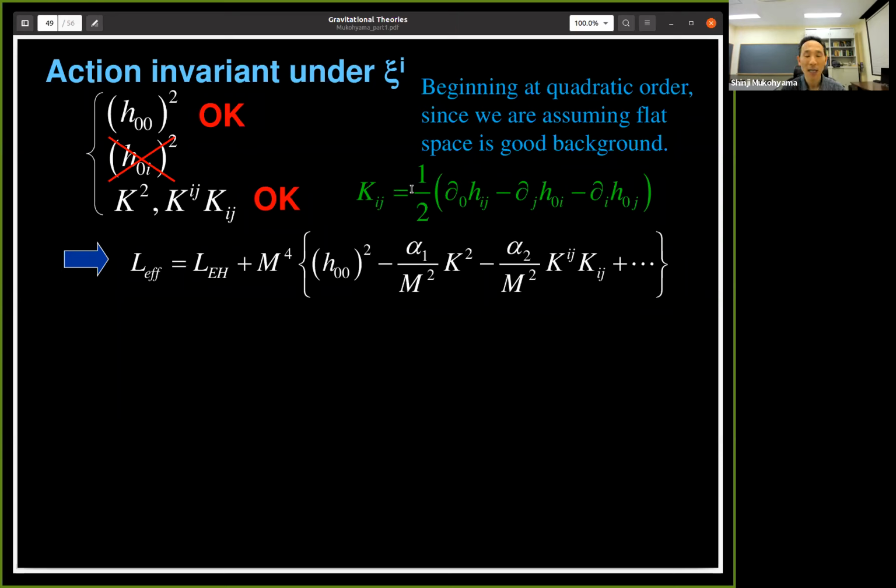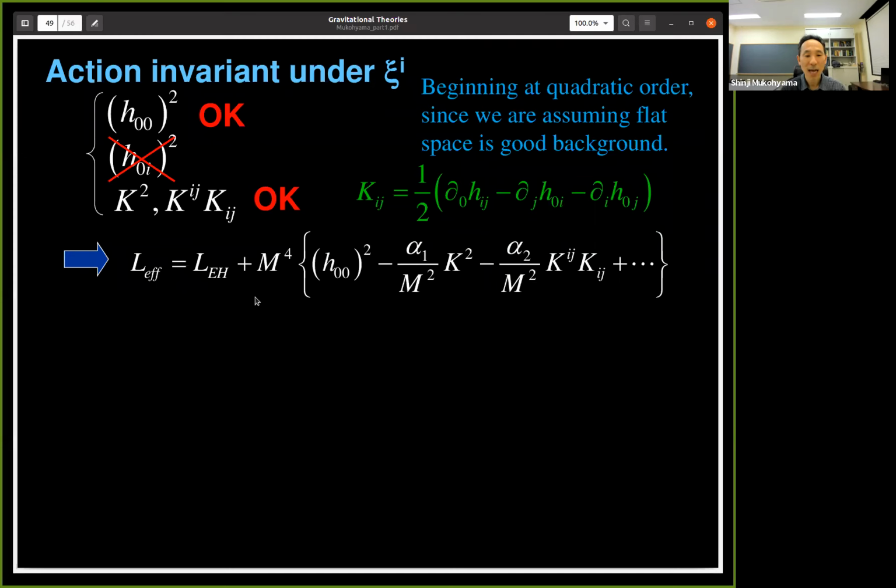In general, this is a spatial tensor, and because the background value of this is 0, the K_ij, which appears at the linear order, is invariant. So we can use this, but we need to square it. We can consider a square of the trace and the trace of the square. They are independent.